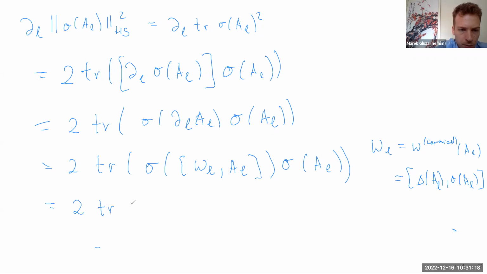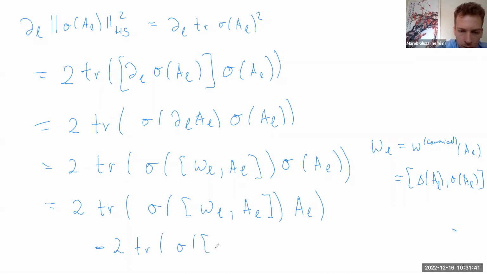So I have 2 times trace of sigma of the bracket, L, AL, close the bracket, and then I will have AL, and minus, I have already scribbled minus here, trace of sigma of the right hand side of the double bracket flow equation, AL here, close here, correct, and then I have a delta of AL here.